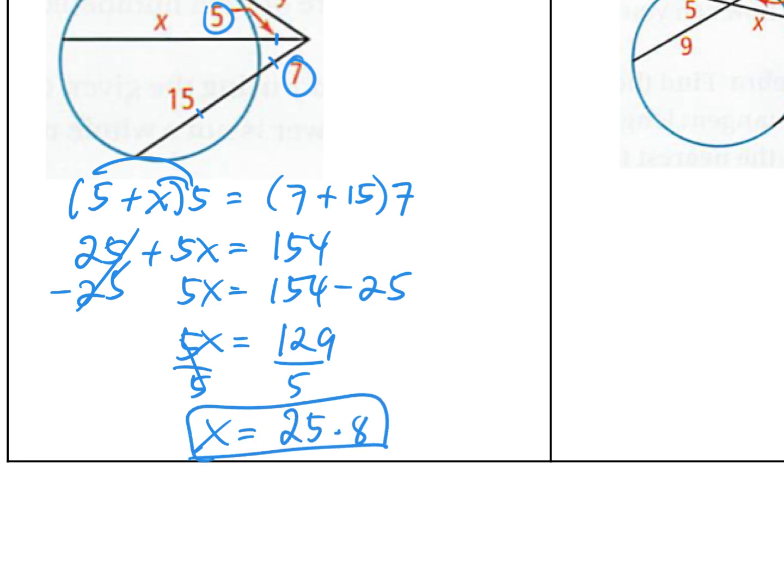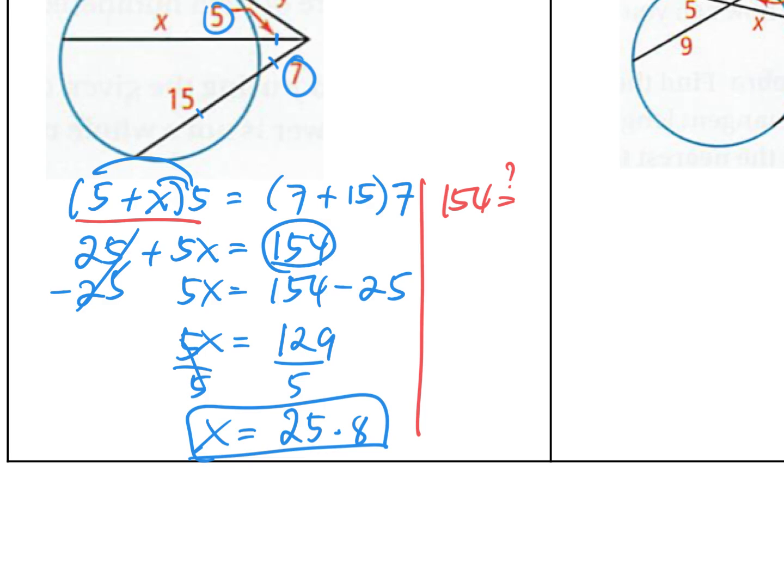So let's recheck if that's gonna be correct. We know that on this side we already have 154. Let's just prove if it is correct. So 154, is it equal to this one?